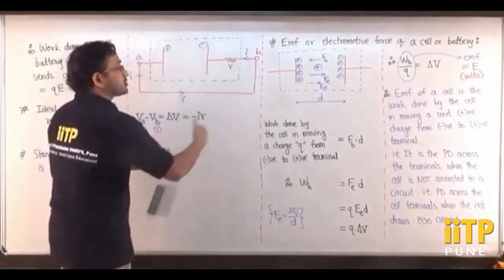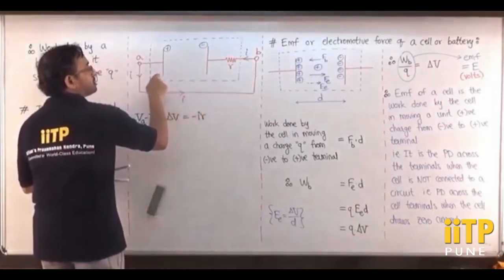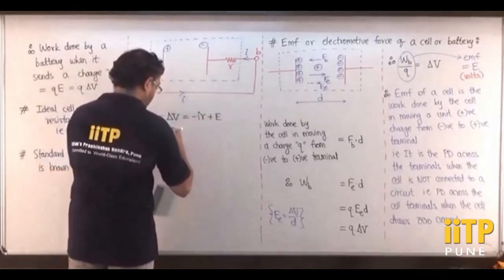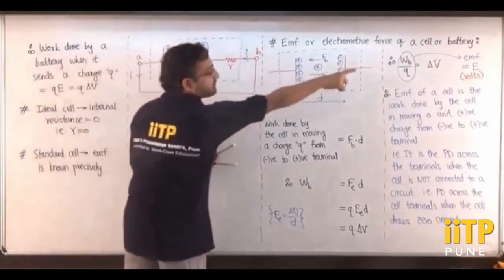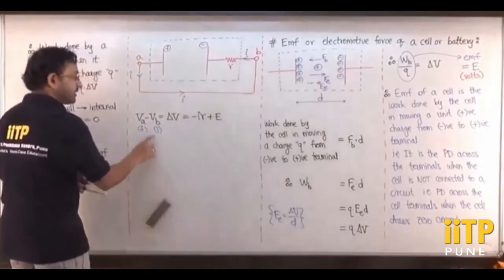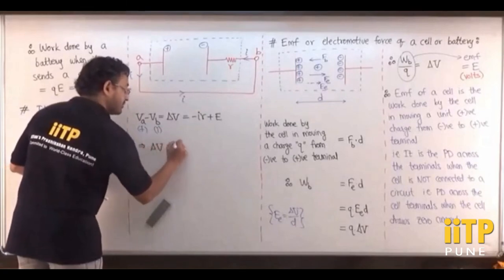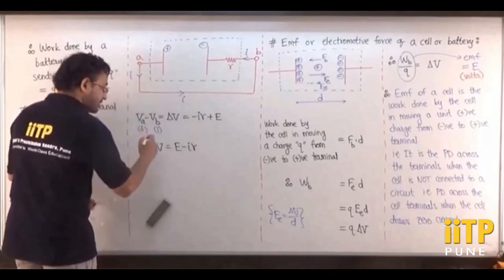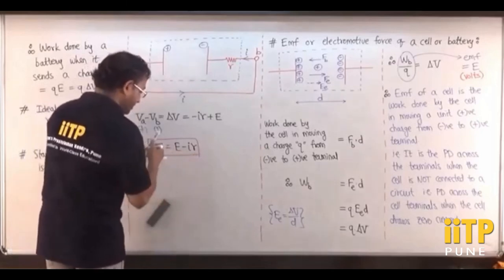Then I am going from the negative to the positive terminal, so that voltage is plus E, which is nothing but the EMF E, as we have already seen. So in this final case, delta V is E minus Ir. That's another equally important relation: delta V equals E minus Ir.